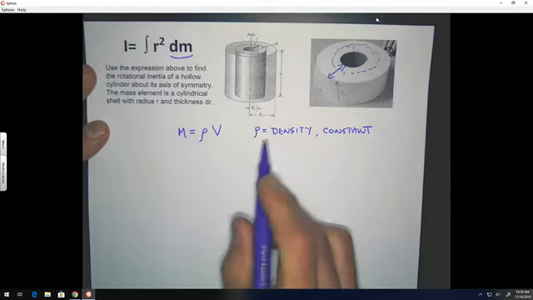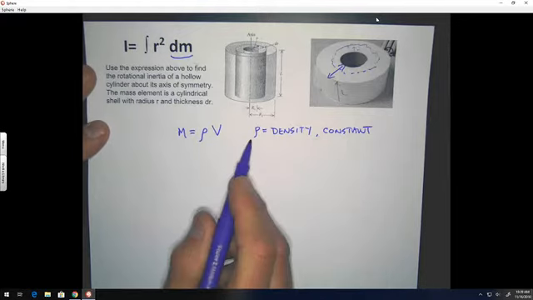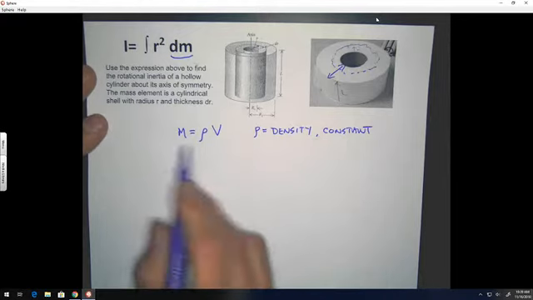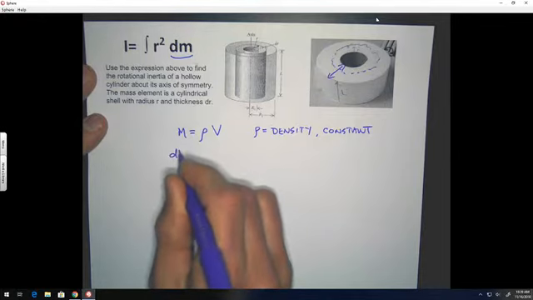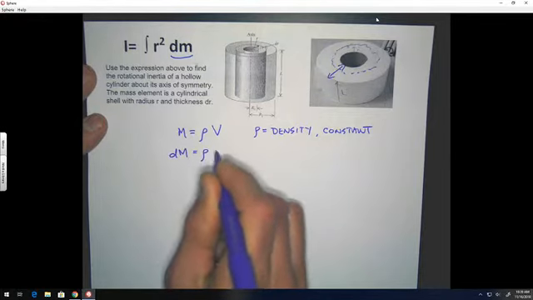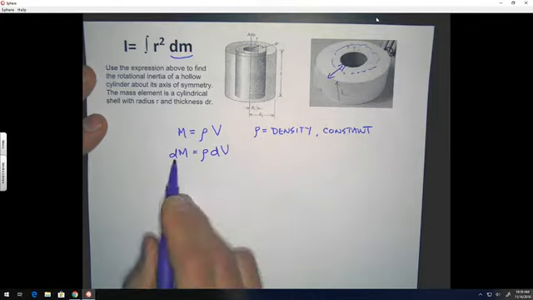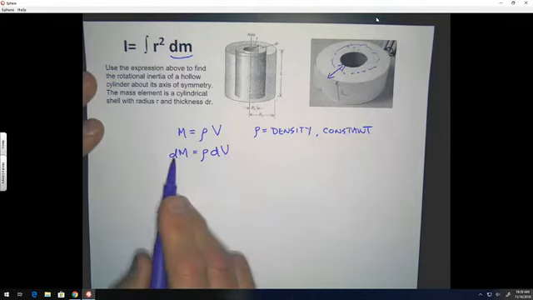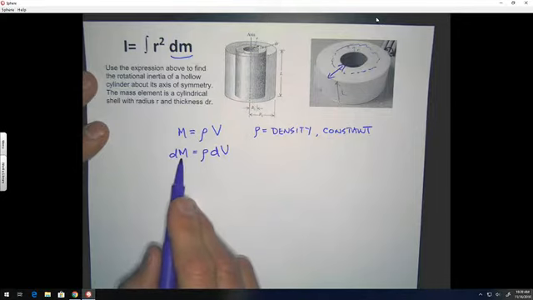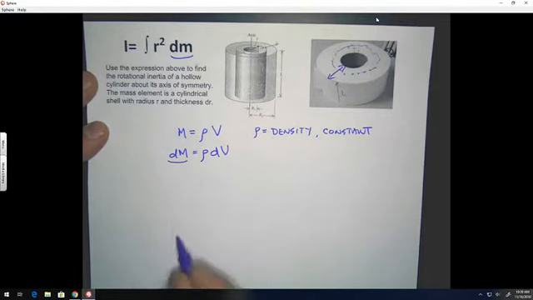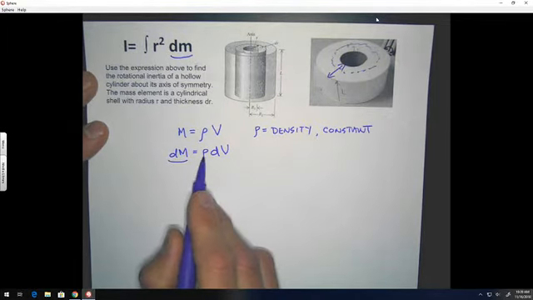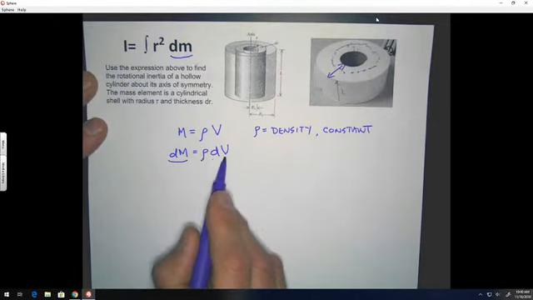Rho is the symbol. I'm going to take the derivatives here and write this in differential form. So I'll have the mass element dm in my integral, but I'm going to end up substituting rho times dv.